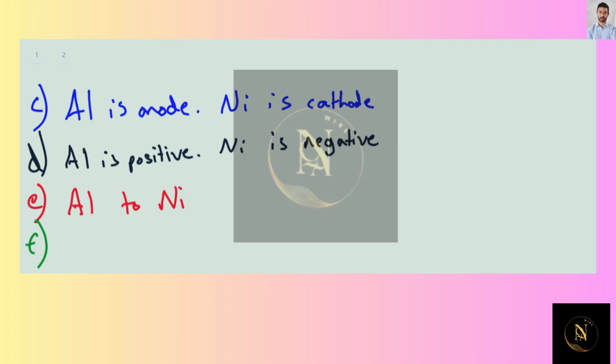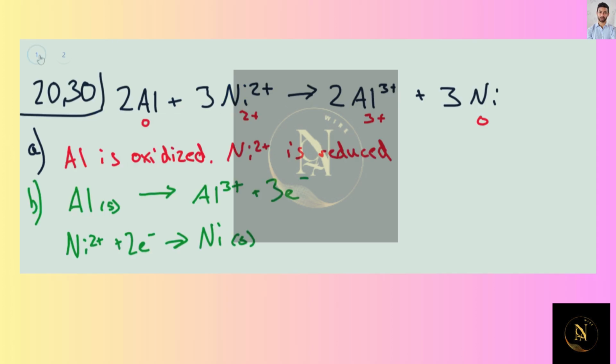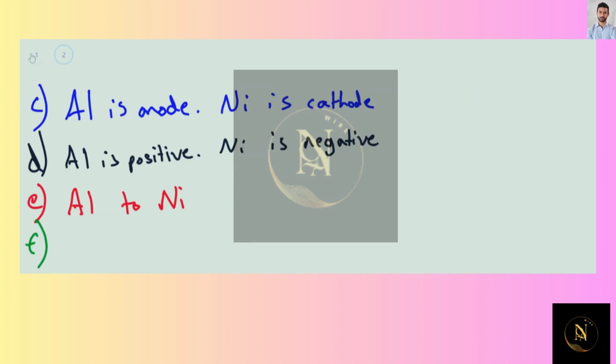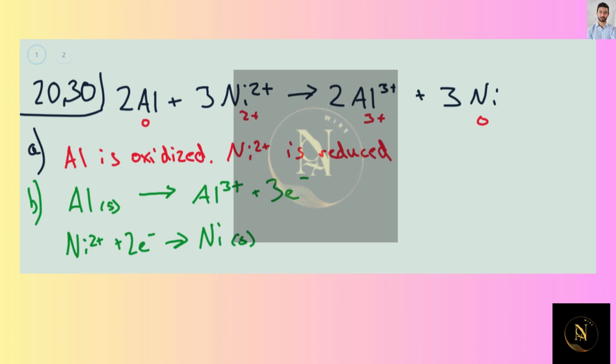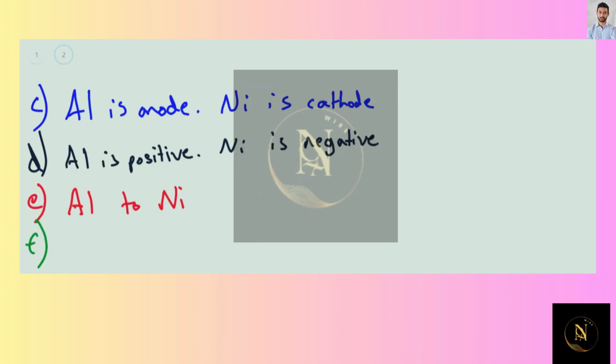And then in part F, we're asked in which direction do the cations and anions migrate through the solution. Now, we need to recognize that at the anode, we're producing cations, which means that anions will go to the anode, aluminum, to balance this charge.